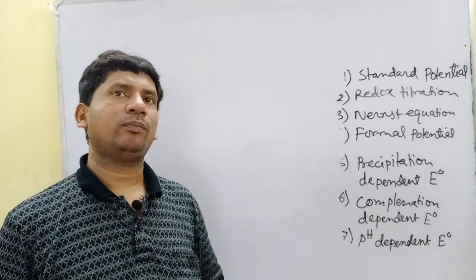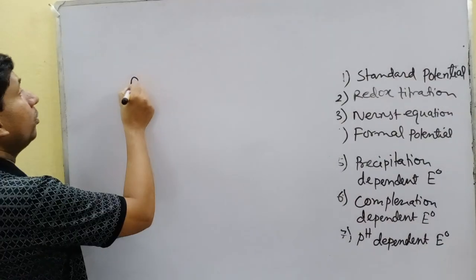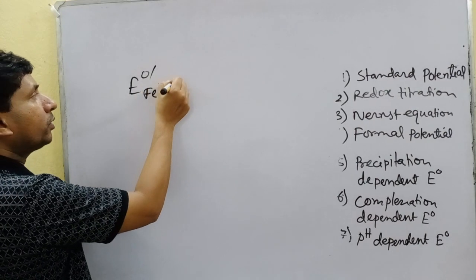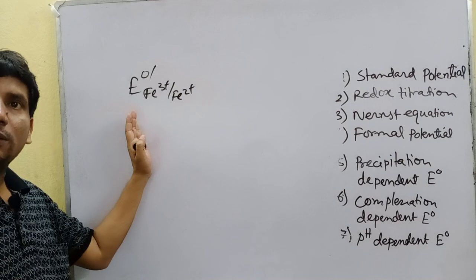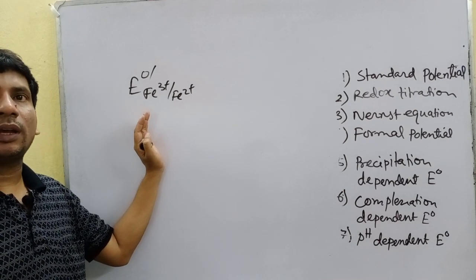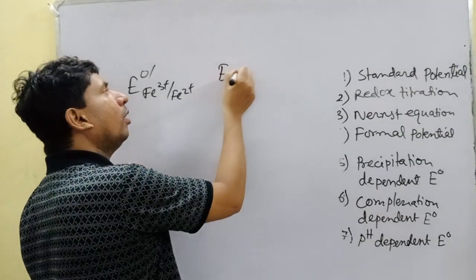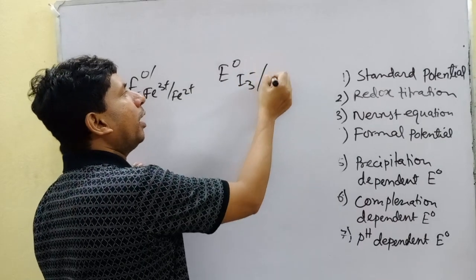Then what happens? E0, that means E0 dash of Fe3+ to Fe2+ is reduced to a potential which is lower than the E0 of I3- to I-.